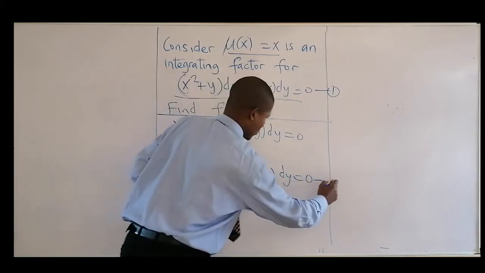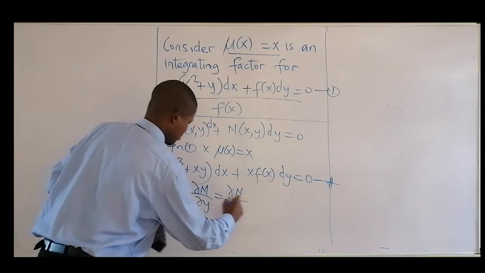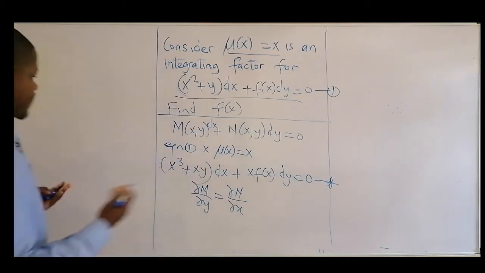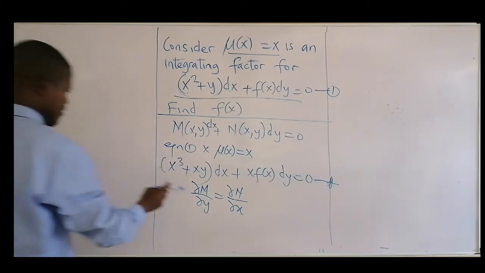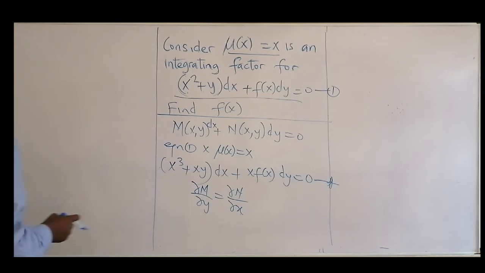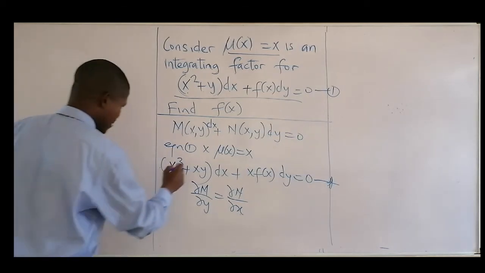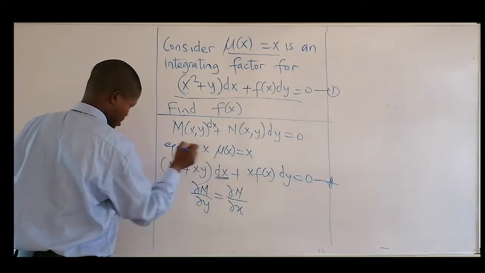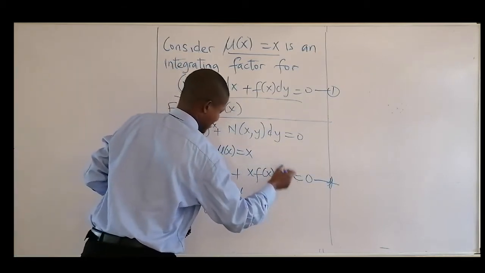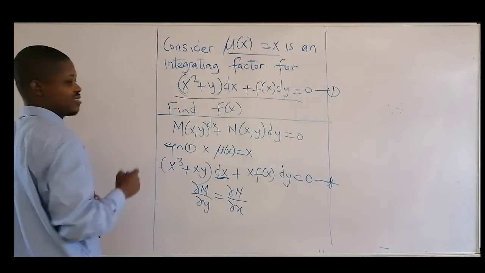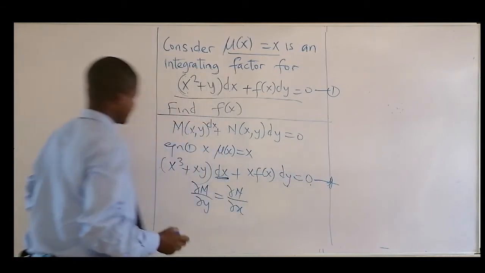So let's get a value for this and a value for this. This is your M: once you see dx, the attachment to that is your M. Once you see dy, the attachment to that is N, and the equation must be equal to 0.